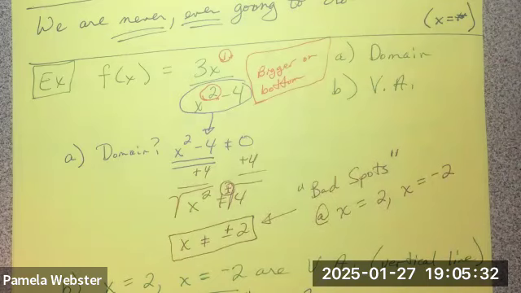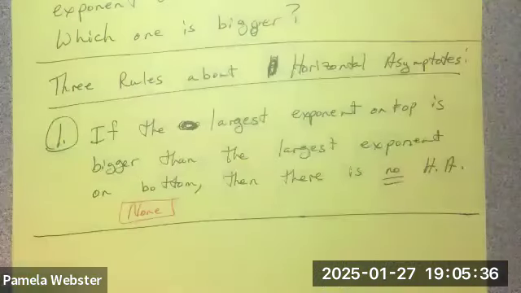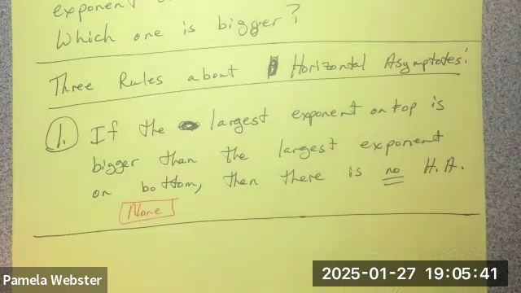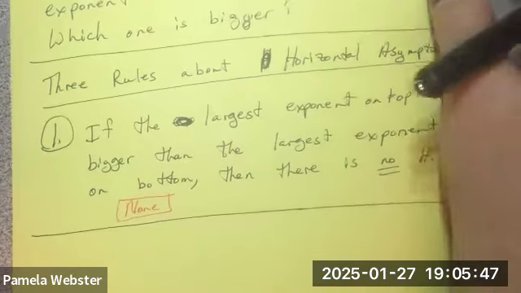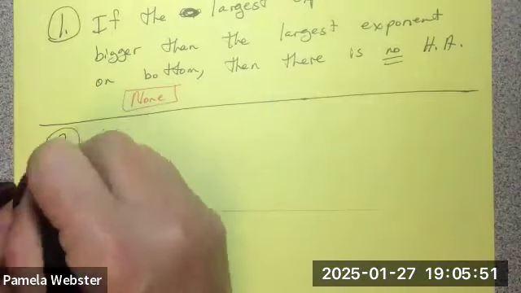Okay, so bigger on bottom. So this rule that I just gave you, if the largest exponent is on top, then it doesn't apply here, right? Because that's not this case. So we'll figure it out in just a second. Rule number 2. Okay.